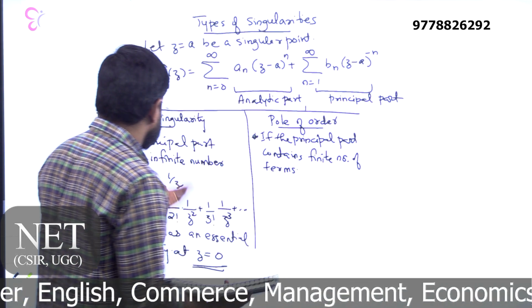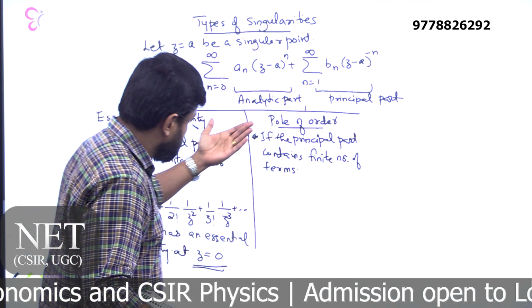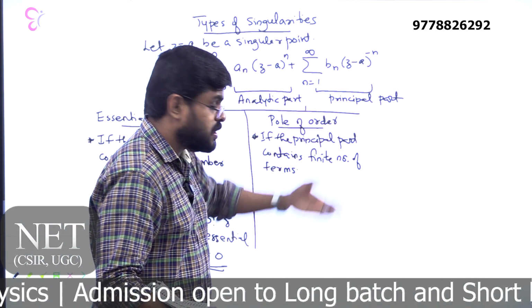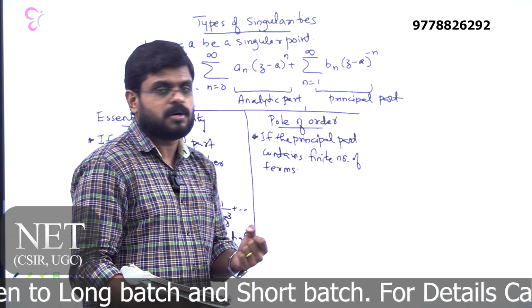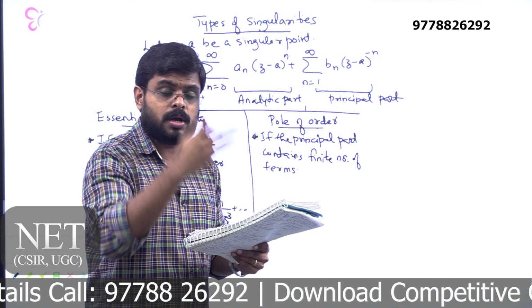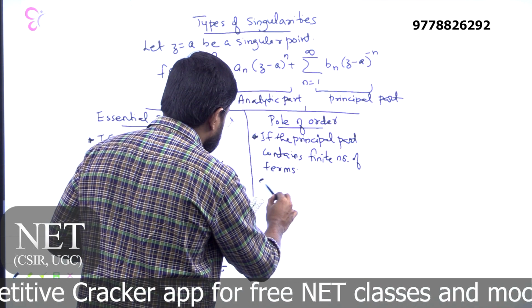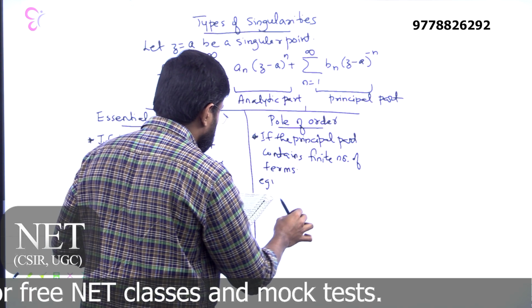So in the essential singularity, the principal part contained an infinite number of terms, and in the pole of order, the principal part contains only a finite number of terms. Then it is called a pole of order singularity. When you see an example, then it will be more clear.